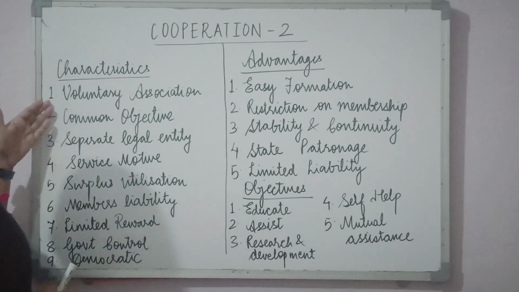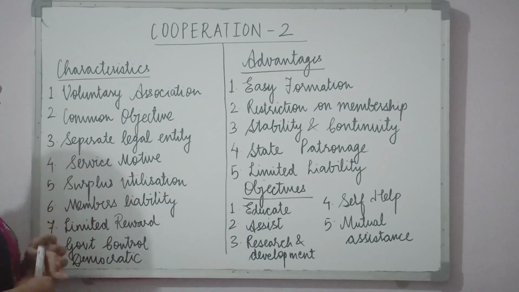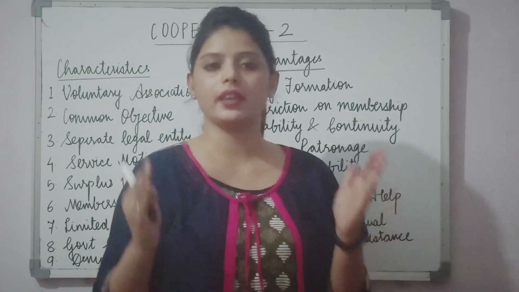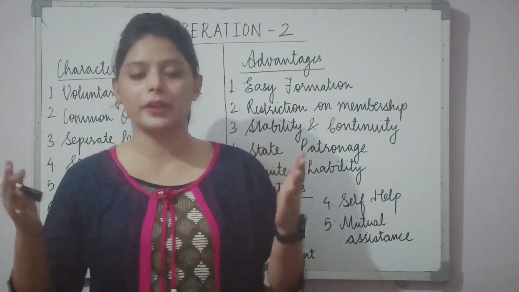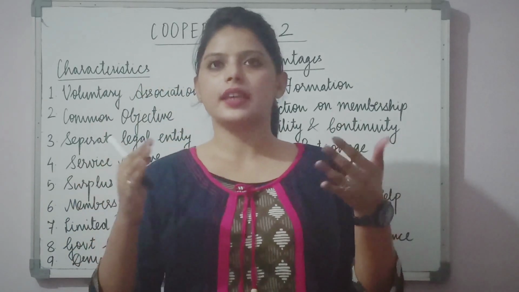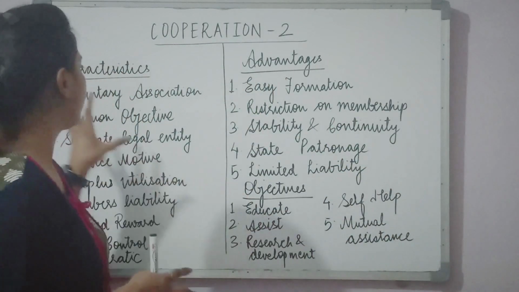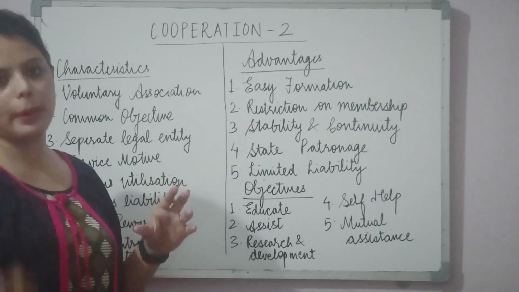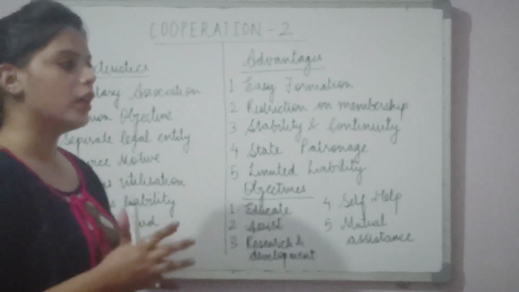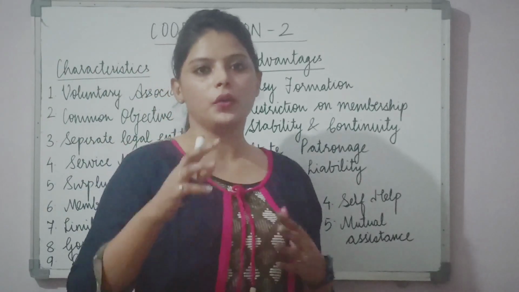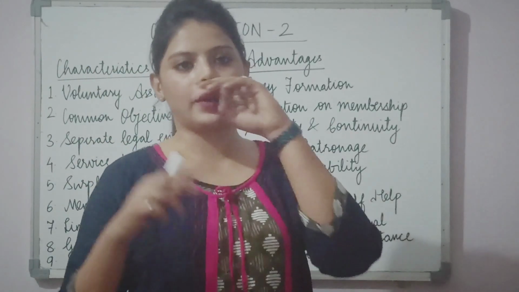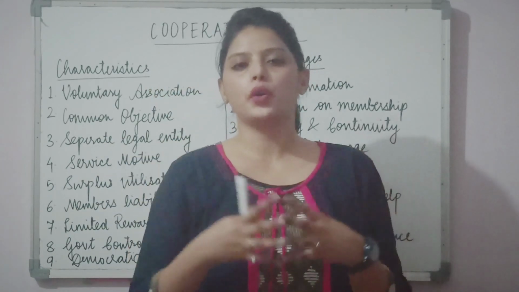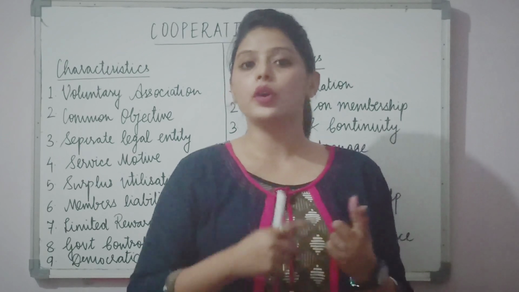Let's begin. First is voluntary association. As we all know, a corporation, you can say a cooperative society, its basic feature is that it is formed on the will of the members. It is voluntary. No one can force you to form a corporation, or if you want to enter into a corporation or form that association, कोई आपको निकाल नहीं सकता.